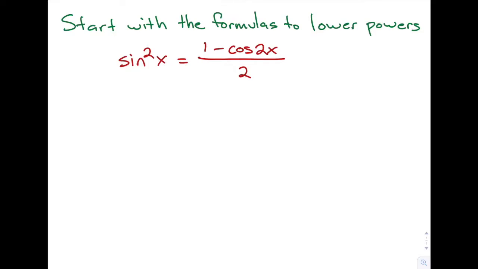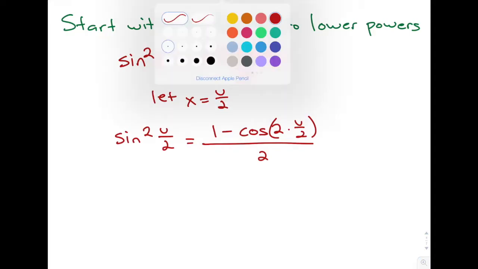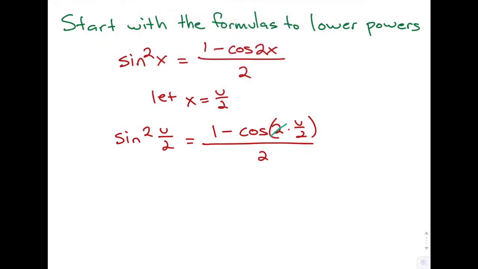So now let's let x equal u over 2. So now we have sine squared u over 2 equals 1 minus cosine 2 times u over 2, all over 2. So these 2's cancel there and there.